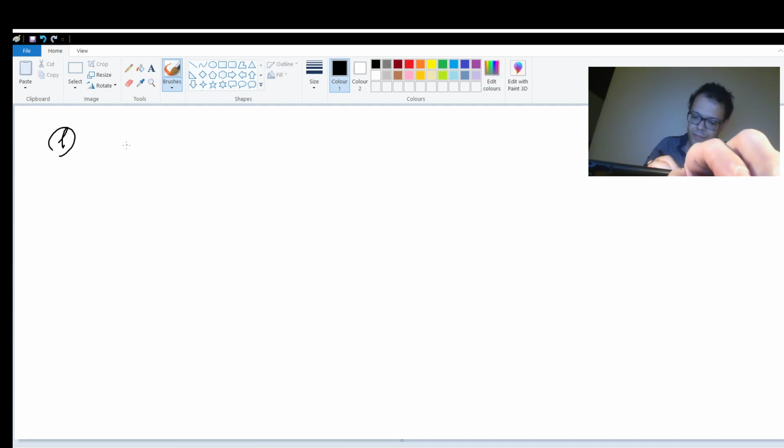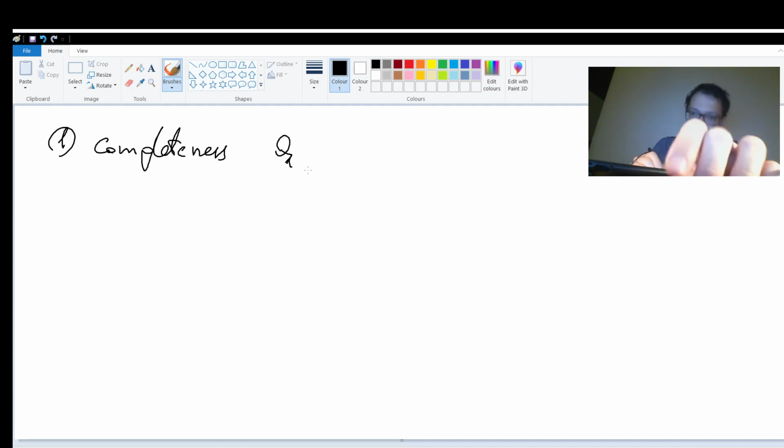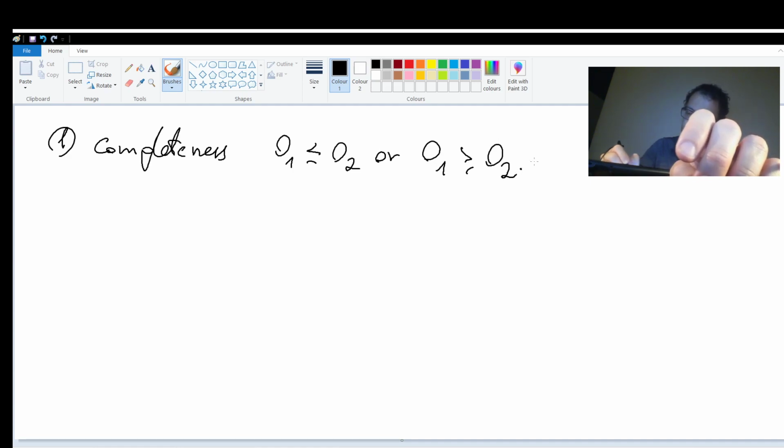First of all, the order of preference is complete. It means that any two outcomes can be compared: O1 is either less good than O2 or it's better than O2, or equal.